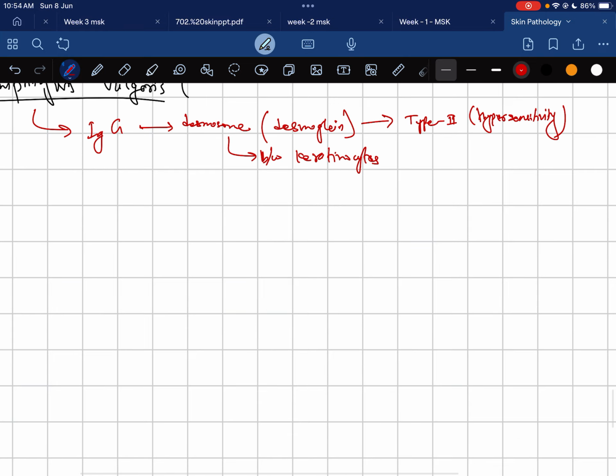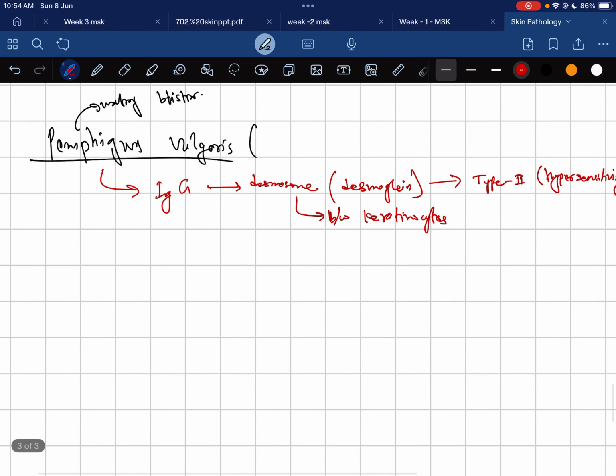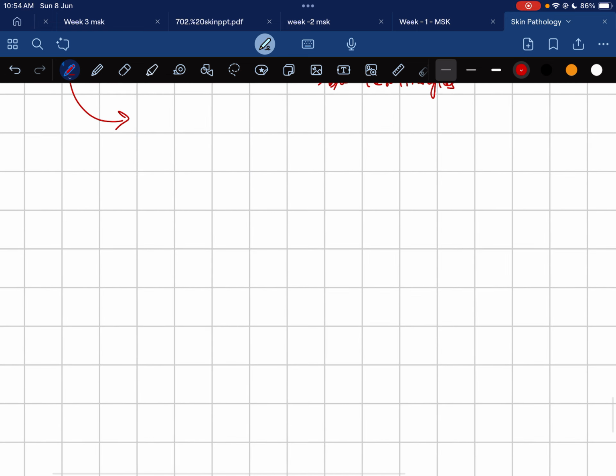When you look at the clinical presentation of this disease, there are skin and oral mucosa bullae.